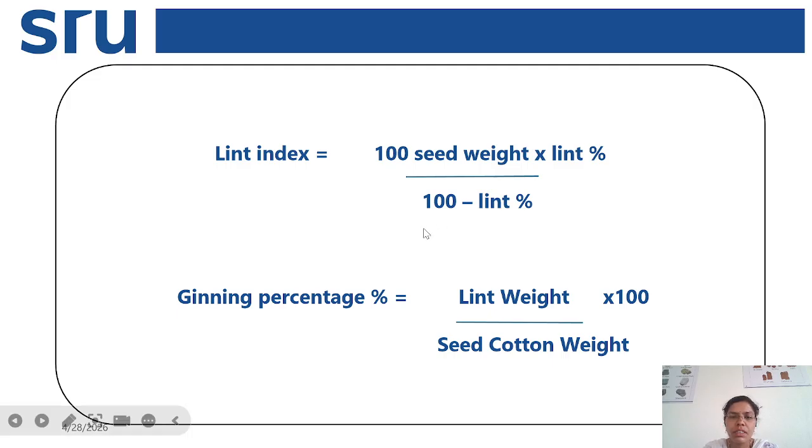The ginning percent is the lint weight divided by seed cotton weight, multiplied by 100. Seed cotton weight is the lint weight plus the seed weight within the boll. So these are the two calculations we do in cotton.